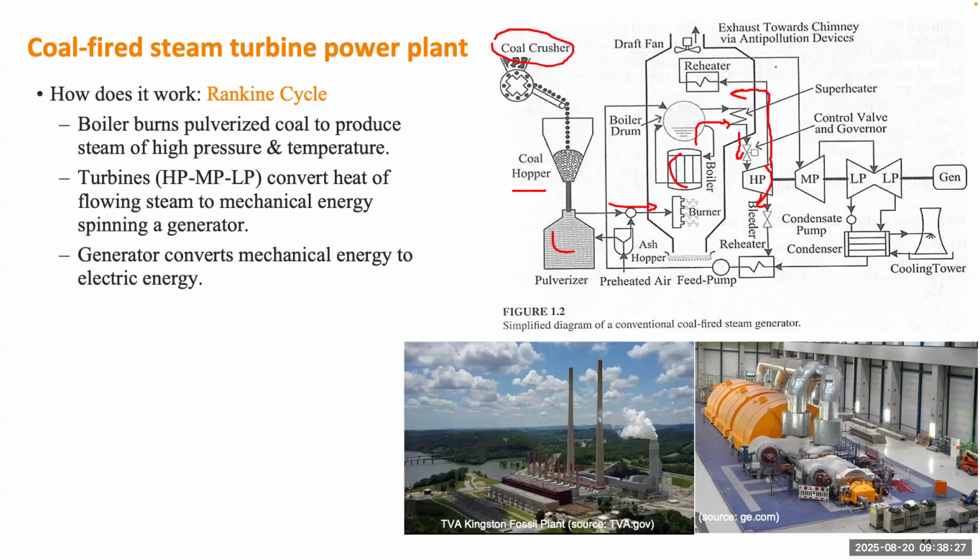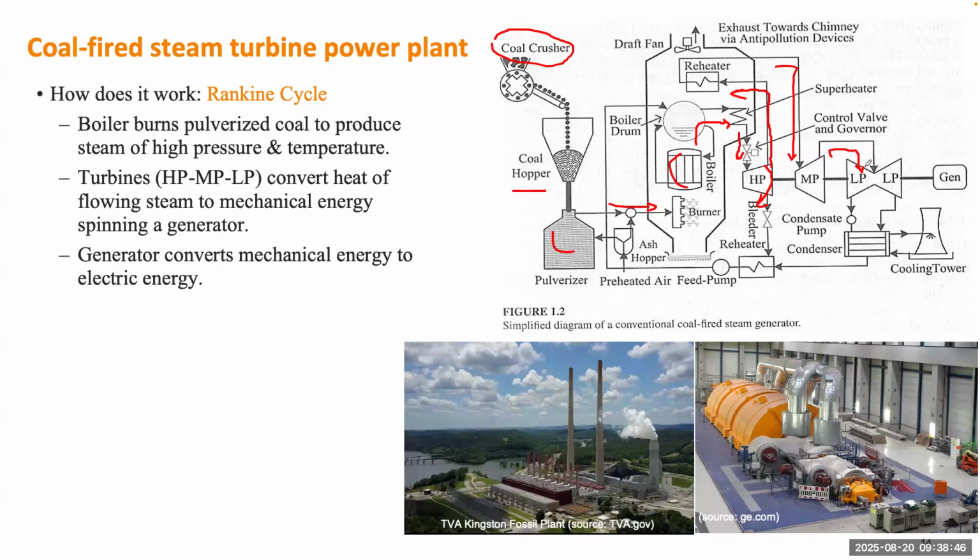It comes back at a pressure lower than the high pressure, but now it can drive another turbine, which we call the medium pressure turbine. Finally, we can utilize the remaining energy carried by the steam in the low pressure turbine.